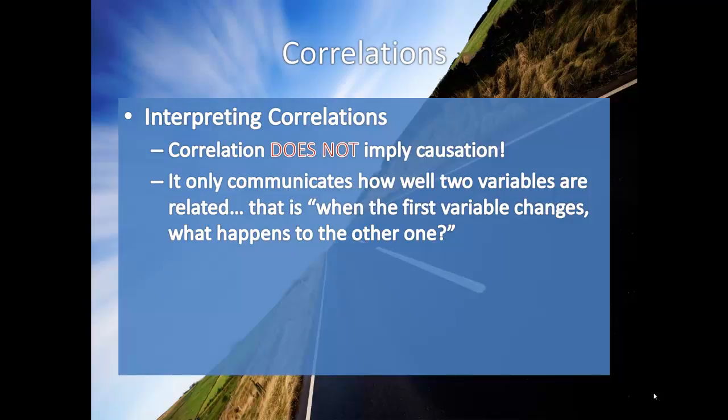Correlations only describe how the variables are related. In statistics contexts, you'd have to run a different test, for example, a regression, in order to establish causality. This is a really common data analysis error. People will run correlations and then try to assert a causal relationship that just doesn't exist.